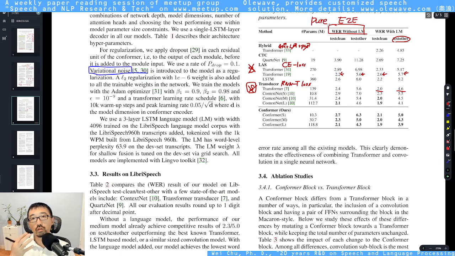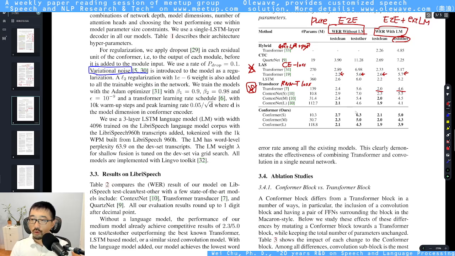That means you just train a model which can be viewed as an acoustic model plus language model. It's wrong to view it in that way, but it's one unified model to do the acoustic and the language thing. But the WER with the language model is hybrid again. You have your end-to-end model plus your external language model. Okay, it's hybrid again.